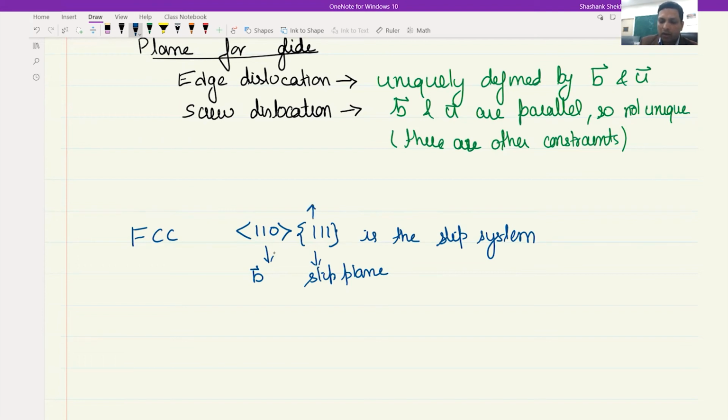For example, the 111 planes are 111, 1 bar 11, 1 1 bar 1, 1 1 1 bar. So these are the 4 different 111 planes that are possible in FCC, and the screw dislocation can only take one of these.